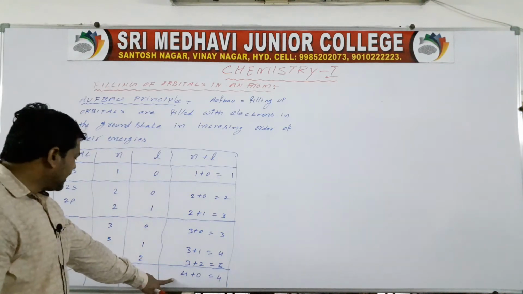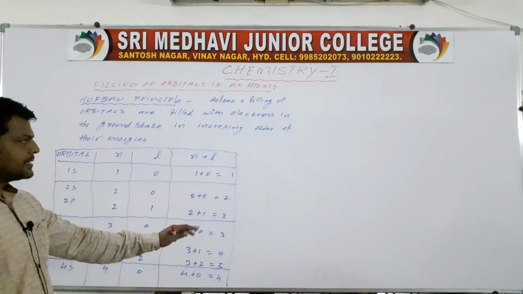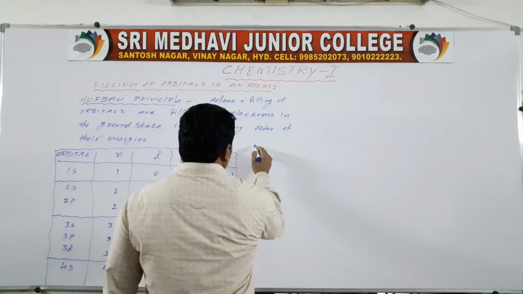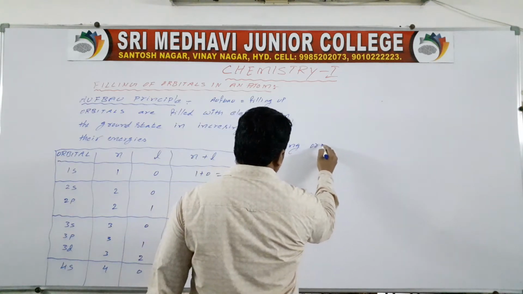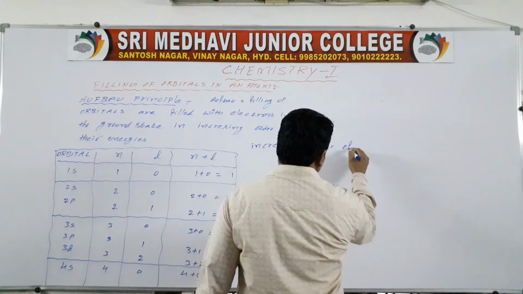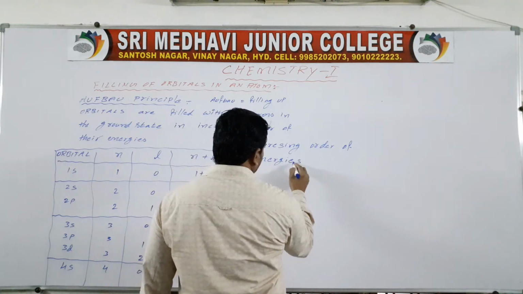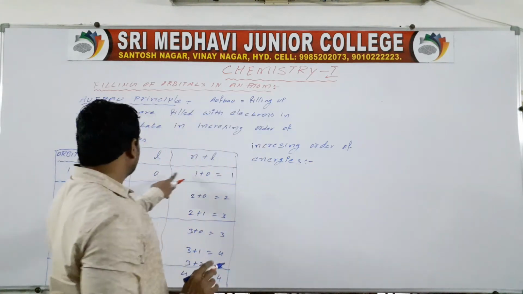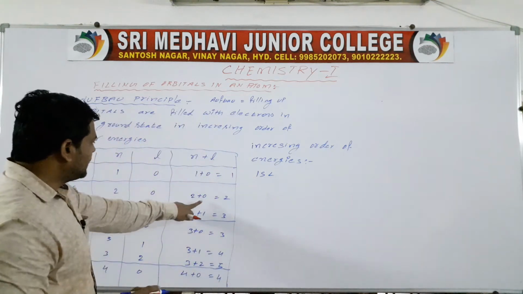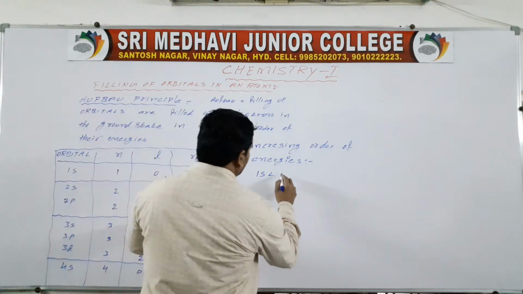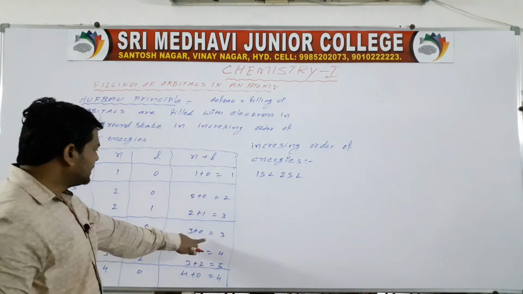Here 3p and 4s have the same value, so electrons enter first into 3p, then 4s. So, increasing order of energies: first 1s, 1s is less than 2s, 2s is less than 2p, which has 3, and 3s having 3.